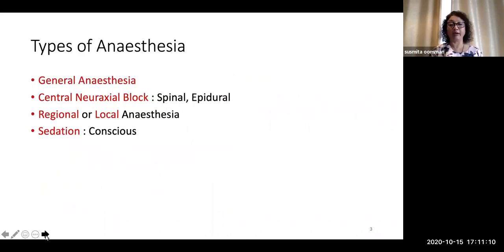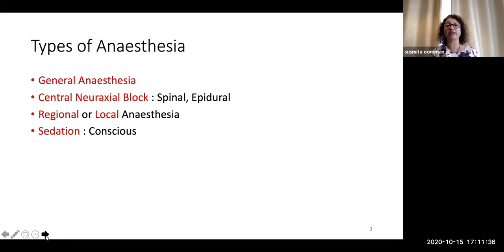Now, when we look at the different types of anesthesia, as I mentioned, all those components we get in general anesthesia. The other very common one is a central neuraxial block. This basically means that we are injecting our anesthetics into the spinal fluid around your spinal column, especially in your lumbar region.